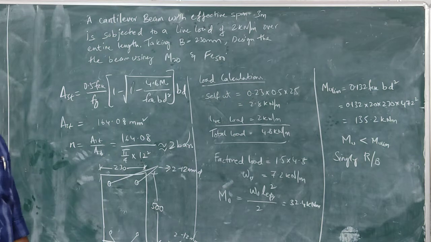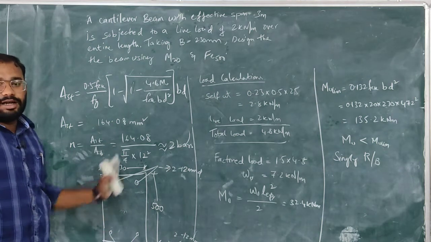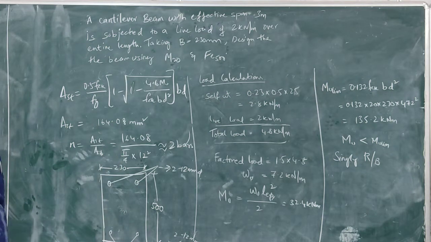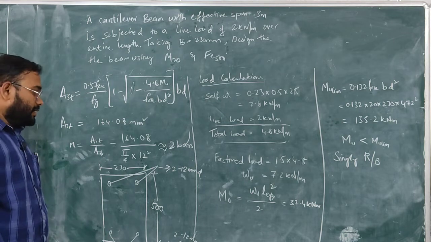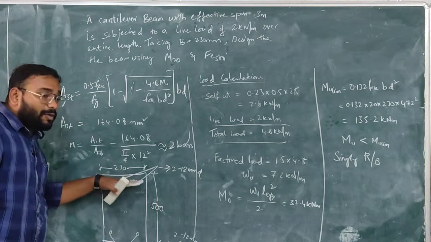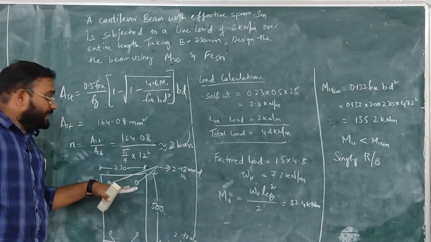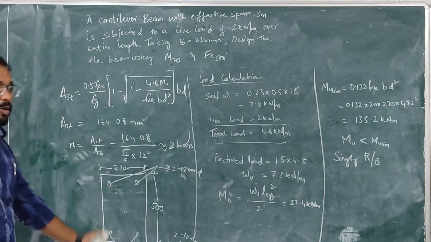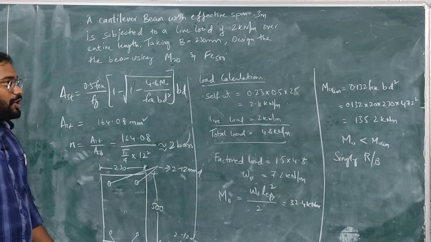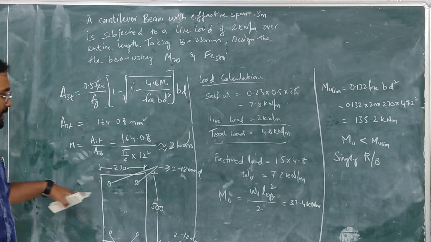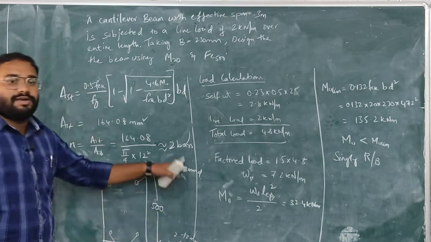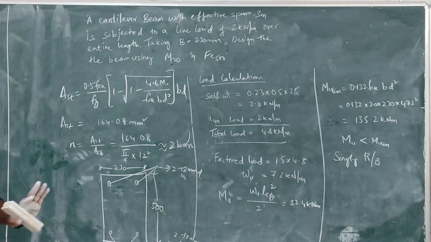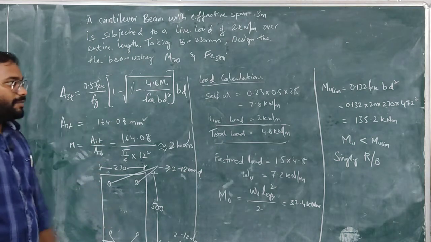Why? To hold the vertical reinforcement, we provide hanger bars here. Basically, Ast is provided in the tension zone of the beam. The tension zone is at top for a cantilever, and at the bottom it is compression. So always remember when you draw the diagram, make it clear where the hanger bars are and where the area of reinforcement you are providing is. Okay, so clear?